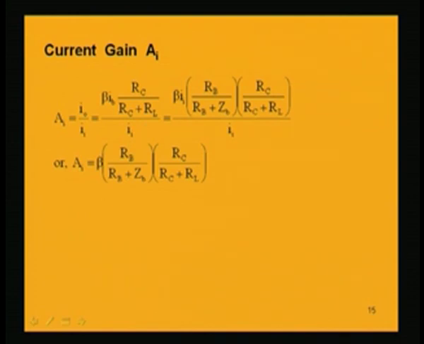Again, I replace IB by that part of the input current Ii which goes through this ZB: Ii into RB by RB plus ZB is IB, and the rest is the same, RC by RC plus RL, divided by Ii. Those two cancel, so the current gain becomes beta into RB into RC by RB plus ZB into RC plus RL. So, this is the exact expression for current gain. Of course, R naught is ignored here.